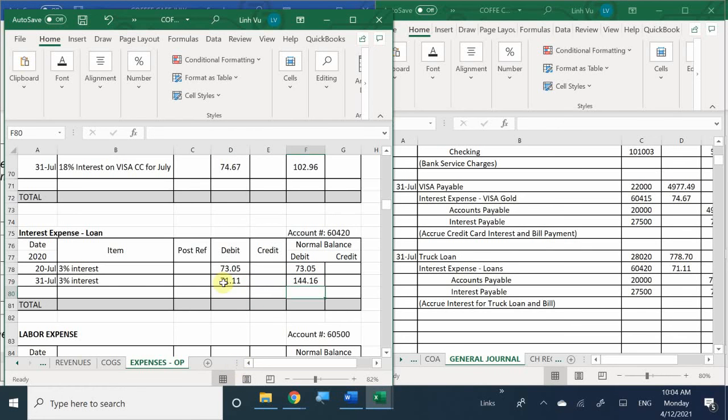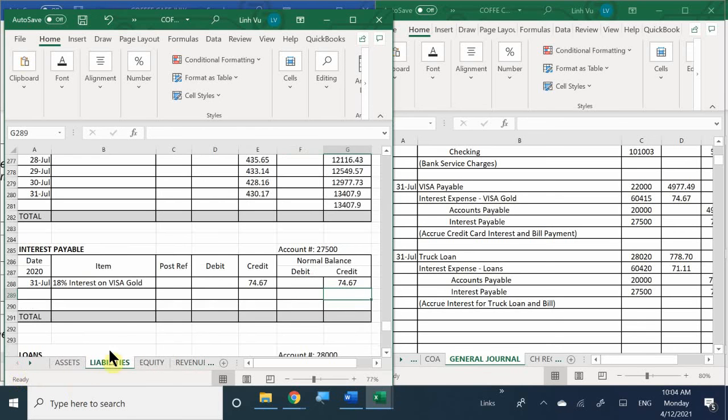And I'm going to go to my liabilities. First thing here I see is that I'm already in my interest expense. So I'm going to recognize that I have 3% interest on loan for $71.11.